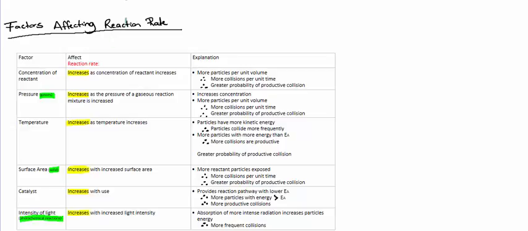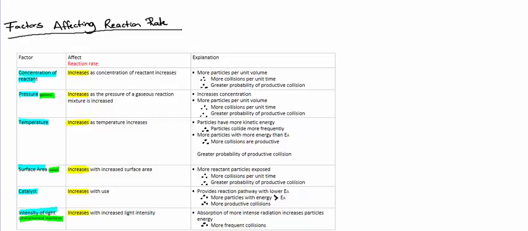The other factors will affect all reactions. So that is the concentration of reactants, the temperature, and the use of a catalyst, as opposed to pressure, surface area, and intensity of light, which have a unique effect in particular situations.